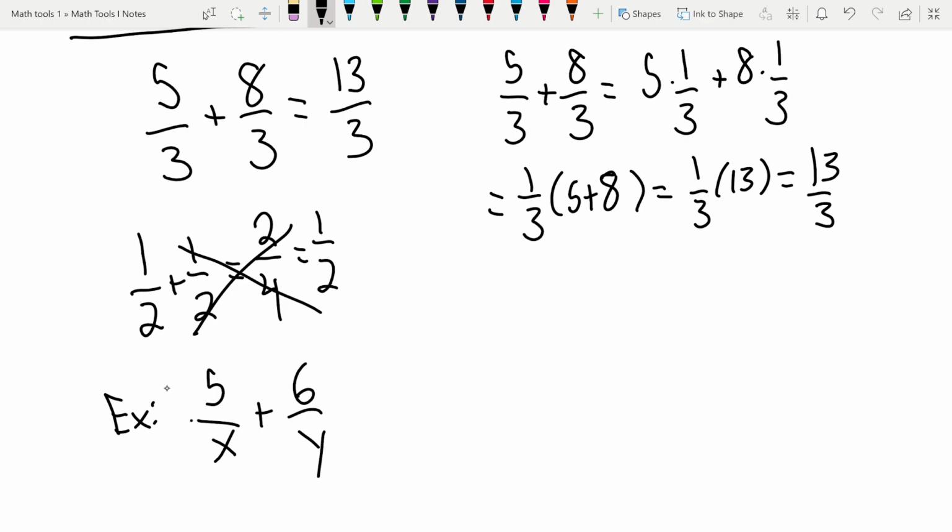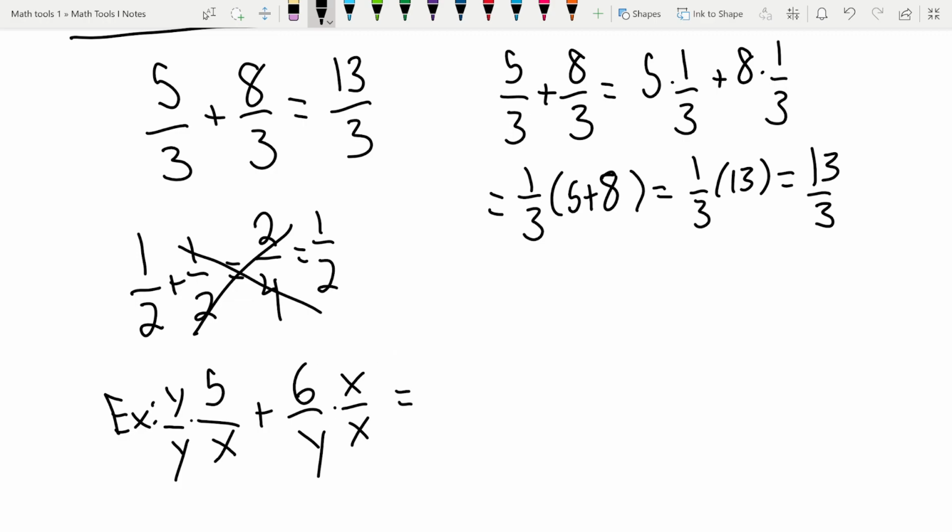So we're going to multiply this one by y over y and this one by x over x so that we can find a common denominator, right? And remember, we're allowed to multiply whatever we want as long as we multiply both the bottom and the top by that same number, because this is just equal to 1, right? X divided by x is equal to 1, and anything times 1 doesn't change.